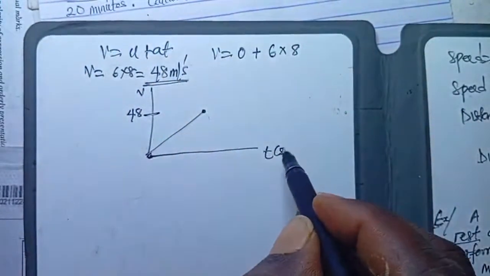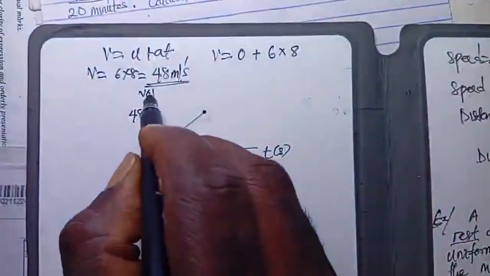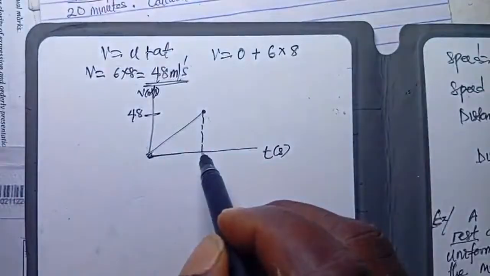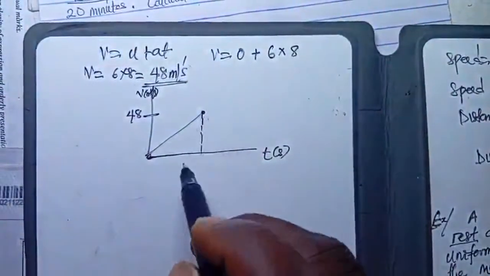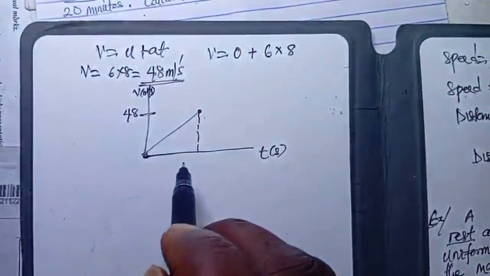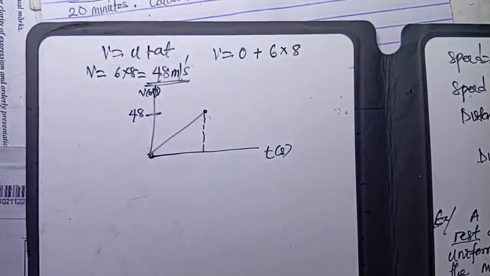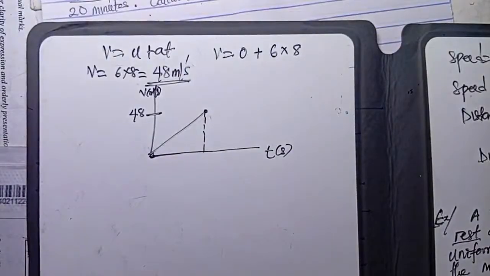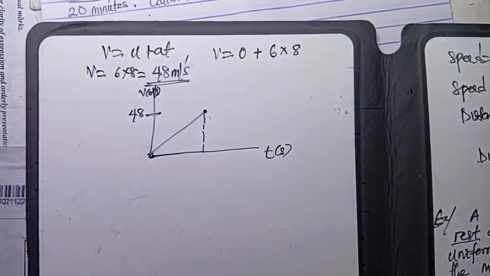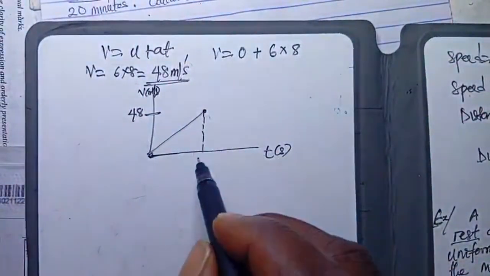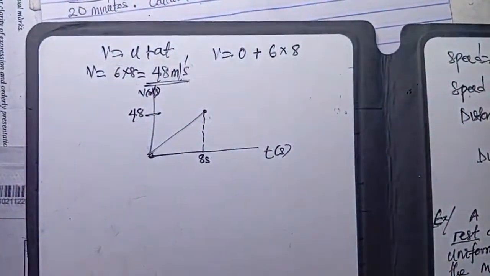This is time in seconds, velocity in meters per second. Now it moves to this. This is the first time given, 8 seconds. So it moved here from 8 seconds. That's what he's trying to explain.